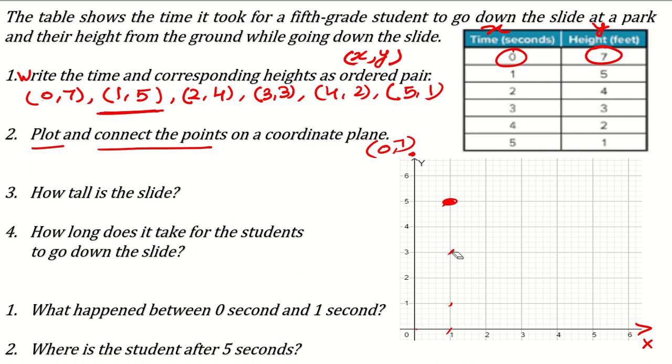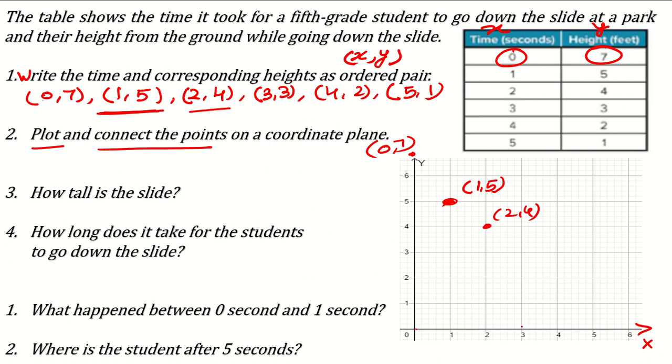Just erase it because we have to plot so many points, and write the coordinate here, 1, 5. Now next is 2, 4. The value of X is 2 here and 4 where? 1, 2, 3, 4. So this is the coordinate 2, 4. Now next is 3, 3.